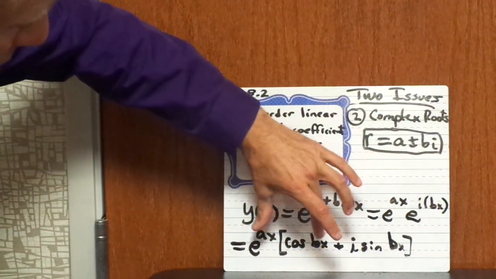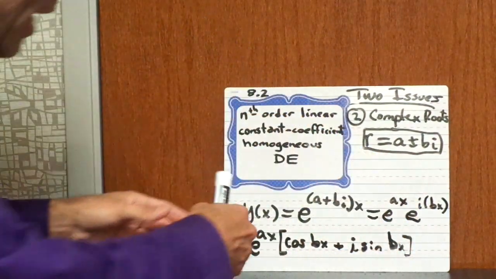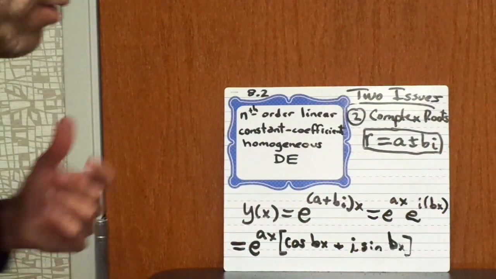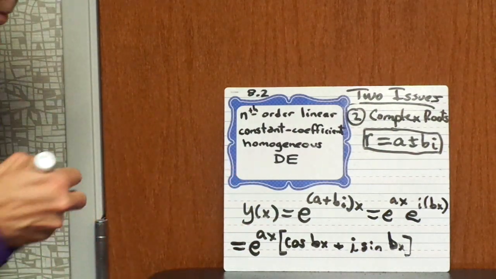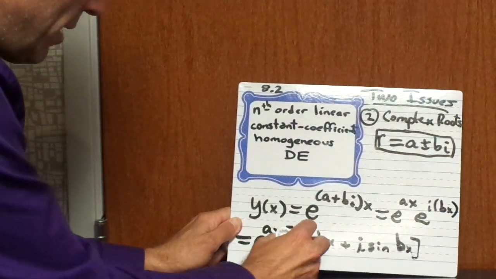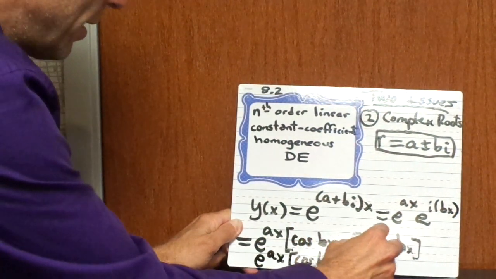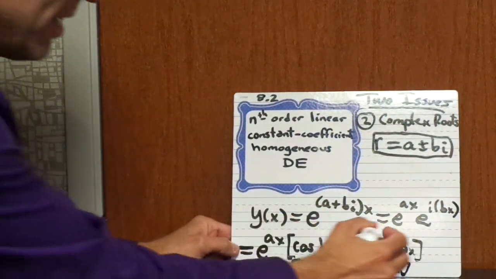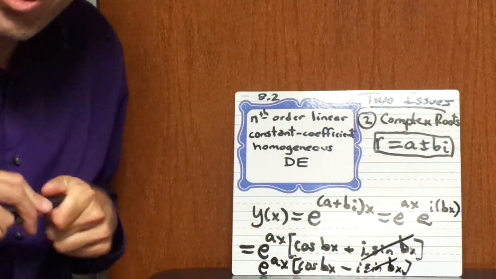Now, if I have a real term plus i times an imaginary term, and then another solution where everything is the same except a minus in between them, I can just add those solutions together. So the other solution is e to the ax times the cosine of bx minus i times the sine of bx. If I add these two solutions, I would cancel the imaginary part completely.